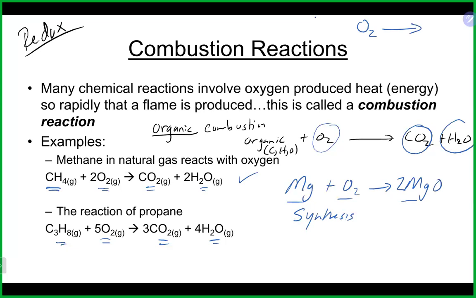I also see this guy going from 0, 0 to +2, -2, which means we got some electrons being transferred, which means this could be a redox reaction. And dare I say I see an O2 there, which means it could actually be classified as a combustion reaction as well. So you can classify the same reaction in multiple ways depending on what you're looking at.